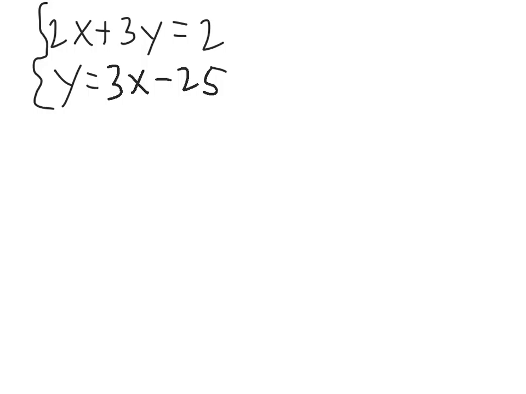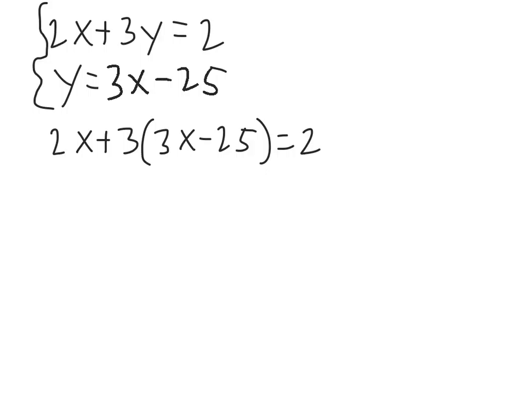So it's a few more steps. So what we have to do is replace y, substitute it, with 3x minus 25. So we rewrite the top equation, 2x plus 3, and then instead of saying y, we say what y equals. 3x minus 25, and then that equals 2.